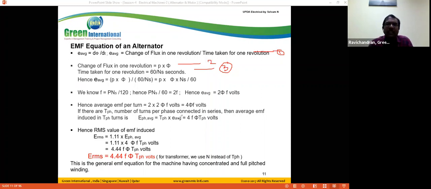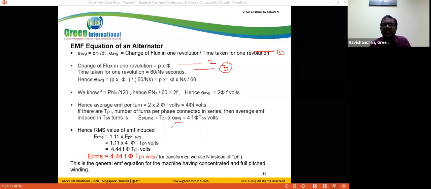So it is an average value. We convert the average value into an RMS value because in the AC system we always use RMS quantities. We discussed three different terms in the second session: the maximum value, Vm; capital V, the RMS value; small v, the instantaneous value; and capital V with suffix av, the average value.